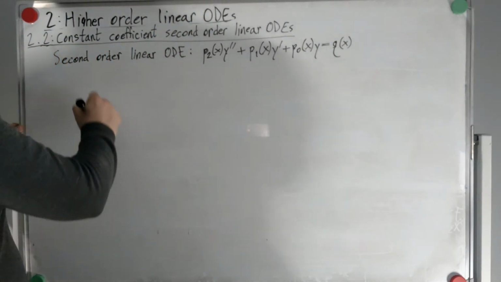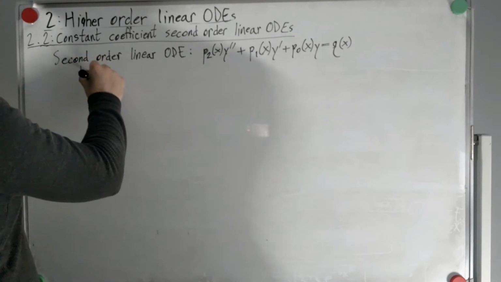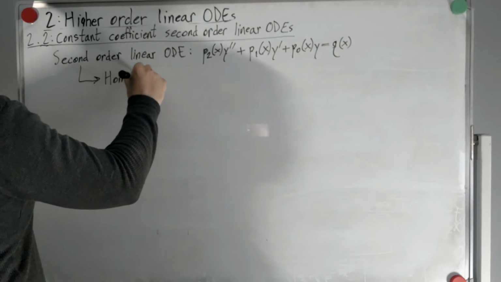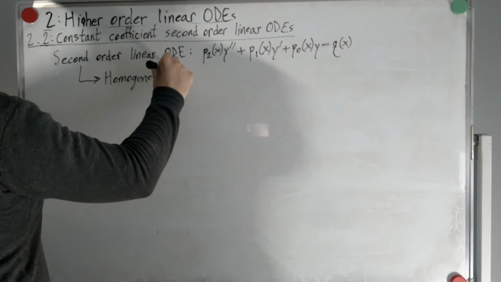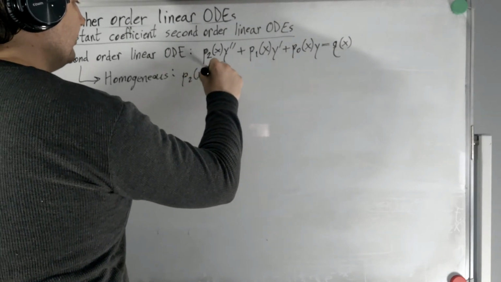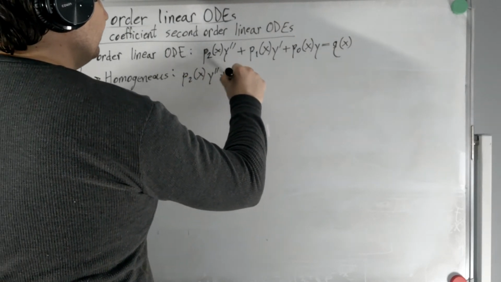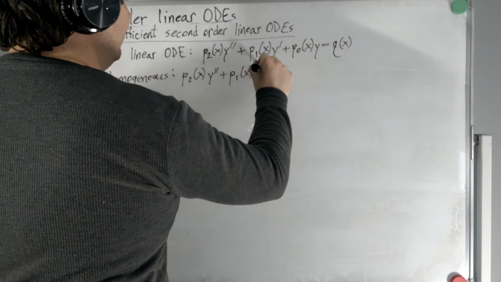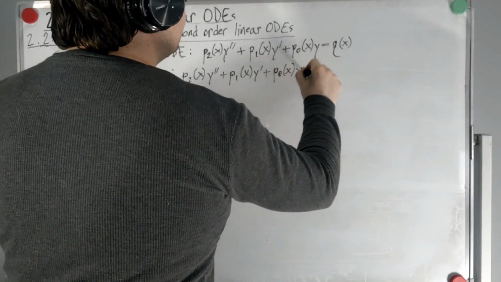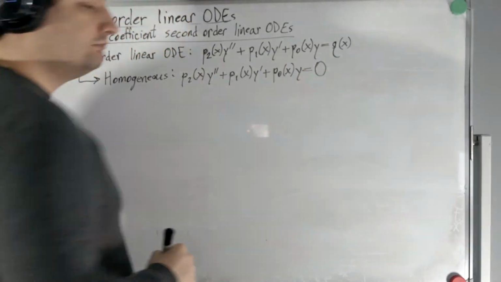Okay, then if you say we're going to restrict ourselves to homogeneous ODEs, that looks like a function of x times y'' plus a function of x times y' plus a function of x times y equals 0.